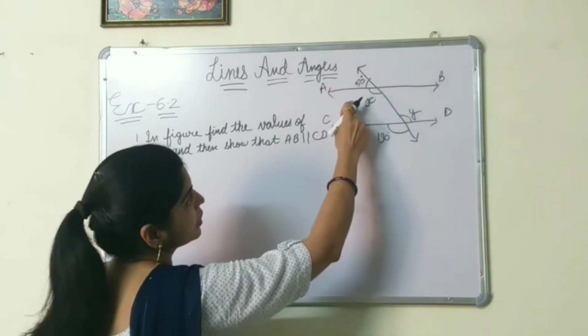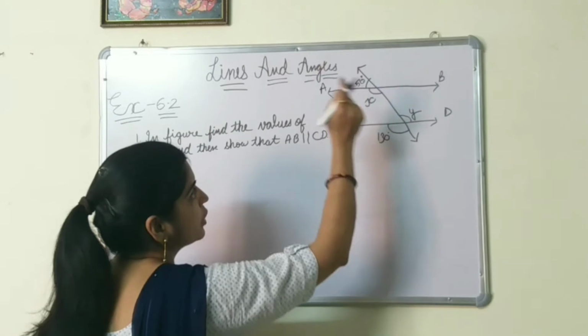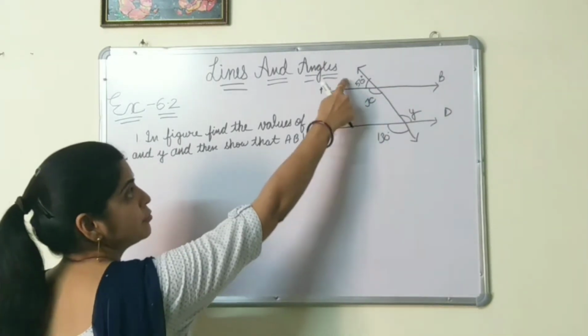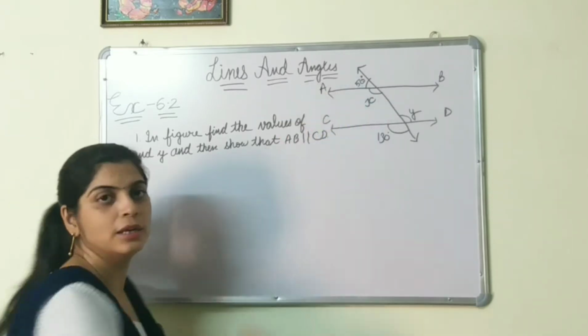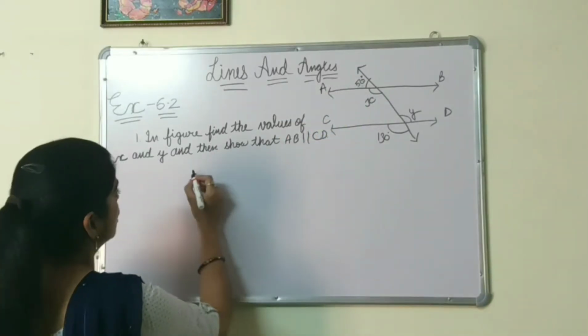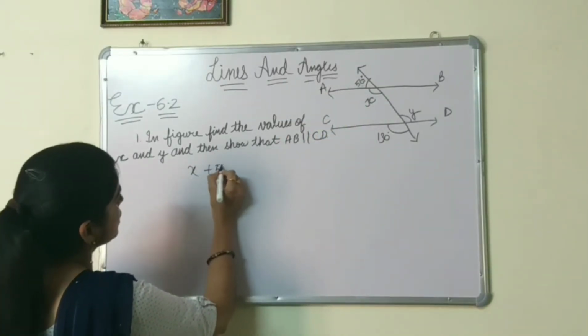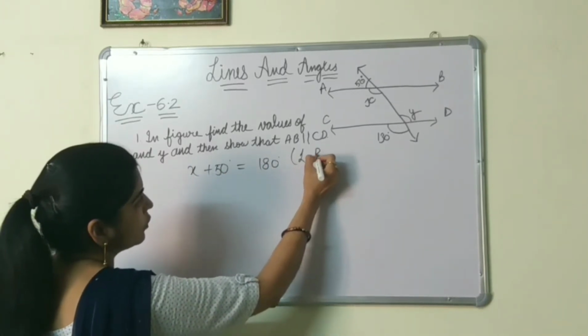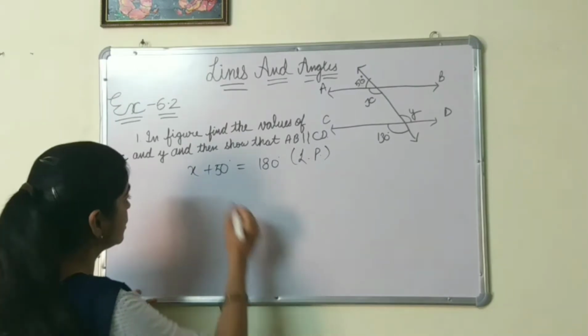And we can see that x plus 50 degree is equal to 180 degree because angle x and this 50 degree angle are making a linear pair of angles. So we can write x plus 50 degree is equal to 180 degree because of linear pair of angles.